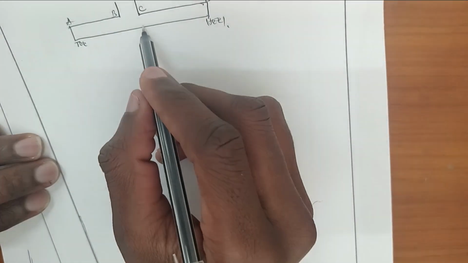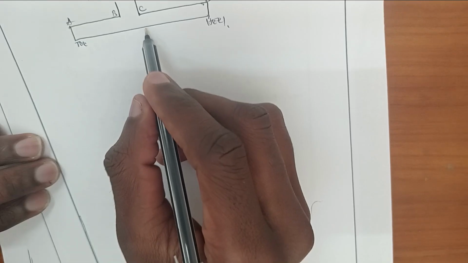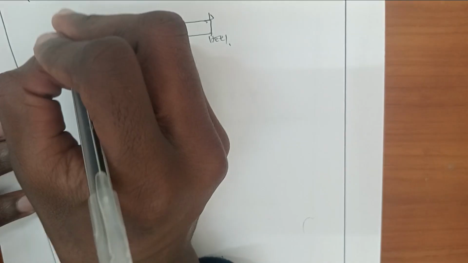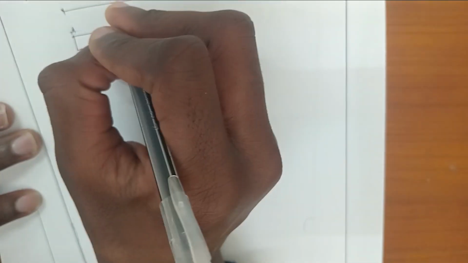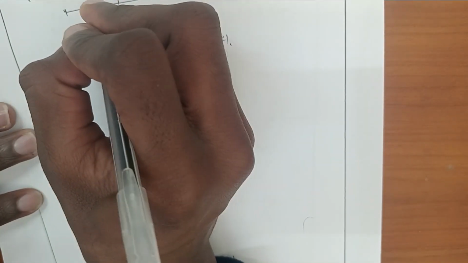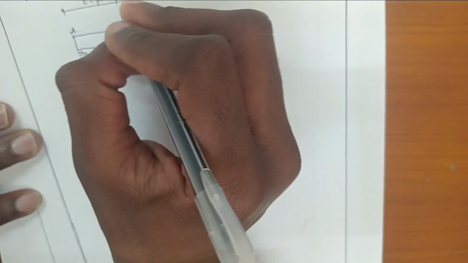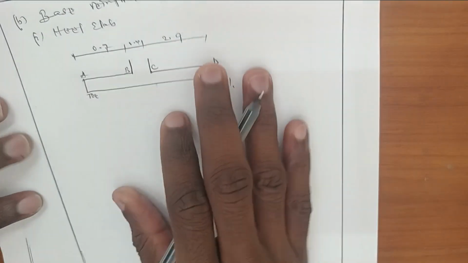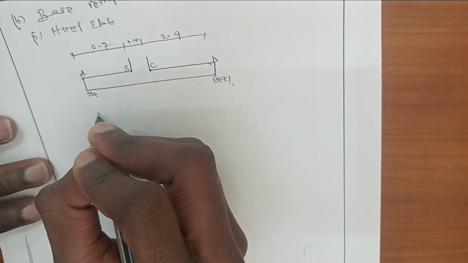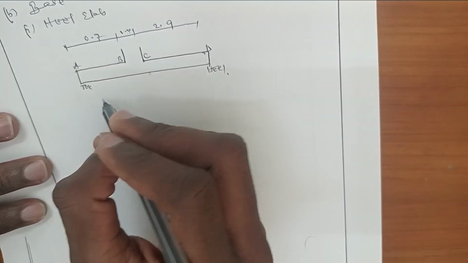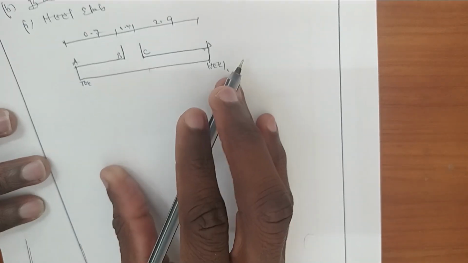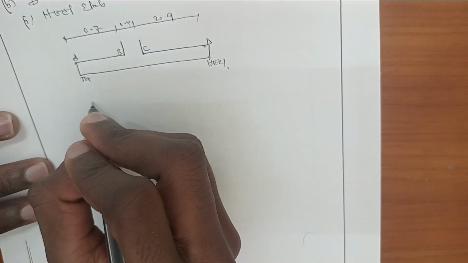Now our target is to determine the reinforcement for this heel slab, which has its width on this side of 0.4, 0.7, 0.4, 2.9. Its pressure diagram: the pressure beneath the base usually varies linearly, so it will have a maximum pressure and a minimum pressure.